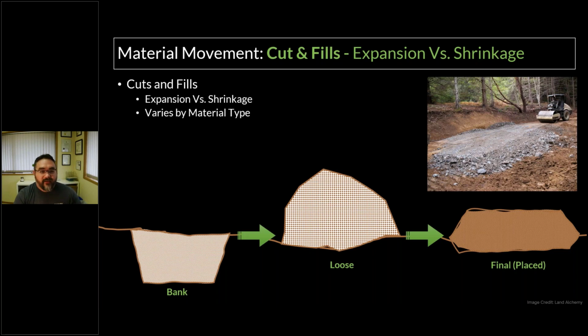Something like a bedrock comes out of the bank in one volume. You blast it, it's in these big blocky chunks. You throw it in a truck, and it may be up to a factor of 2, maybe 50 to 80% bigger. And then in its final form, it may be 20 to 50% larger than what it was before you dug it up.